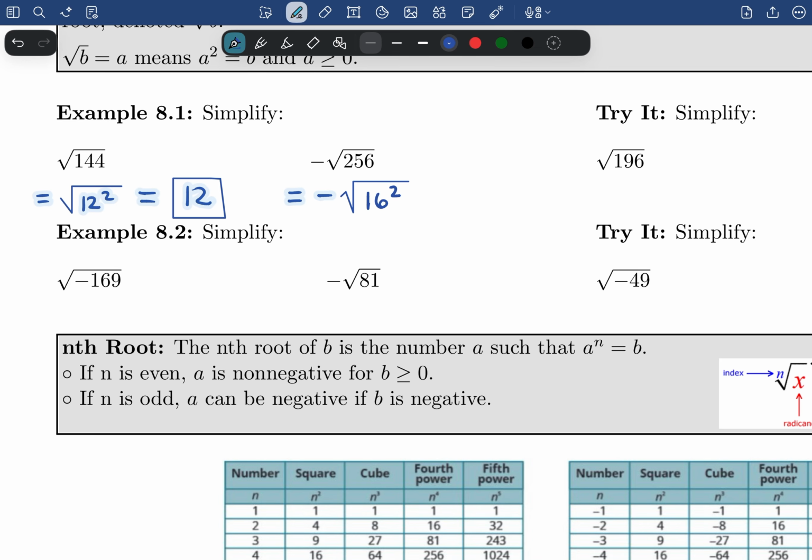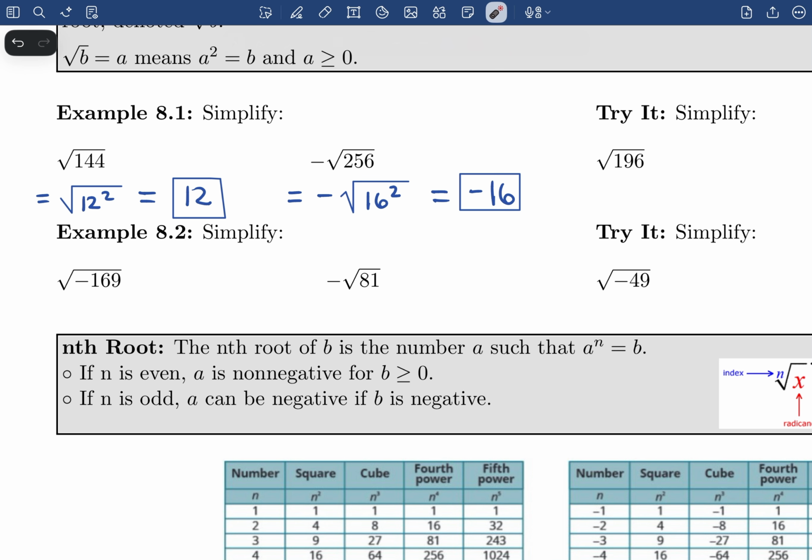So I'm going to turn 256 into 16 squared in my brain or on paper. And then I say, well, the square root of 16 squared is just 16, but there was a negative in front, so my final answer is negative 16. If there's a negative outside of the square root, that's okay. We just put that negative for our final answer, and we're good to go.